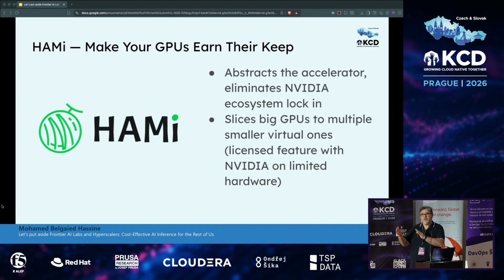If you have GPUs that have a lot of RAM and a lot of compute, then smaller models might not use up all the capacities of these GPUs. So you need to do GPU sharing, like running multiple models on one GPU.